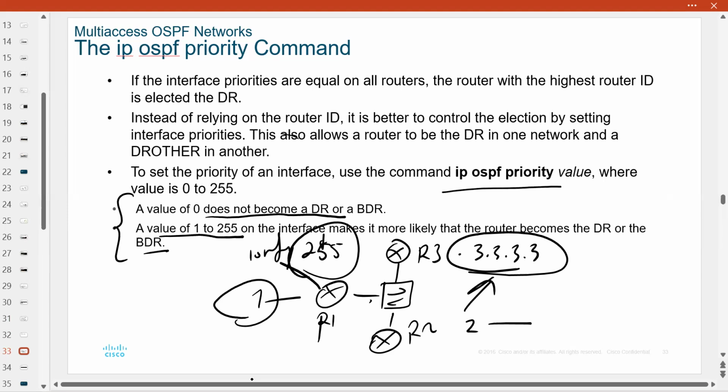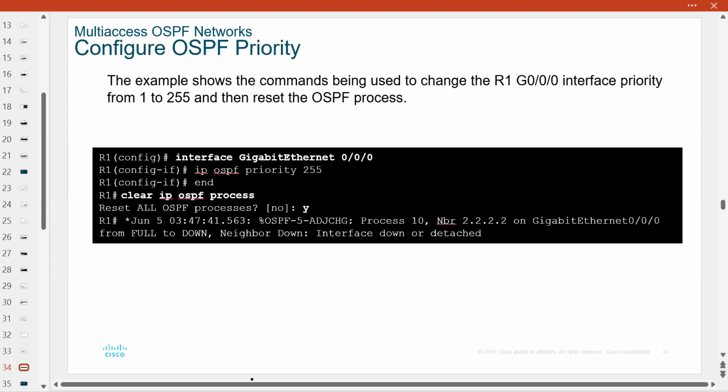We have the command right there, ip ospf priority value, in interface configuration mode. Configure OSPF priority. Voila, there we have the OSPF priority being configured.